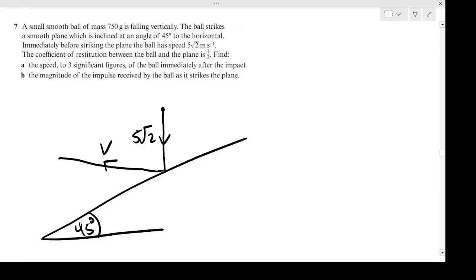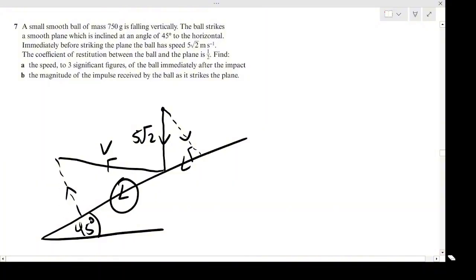I'm going to call that v then, right? Now, if I resolve the perpendicular and parallel parts, so this is my perpendicular part, then parallel like that. And then for v, that is going to go across the surface and upwards like this. So that's my parallel part and that's my perpendicular part, right? Hopefully happy with that.